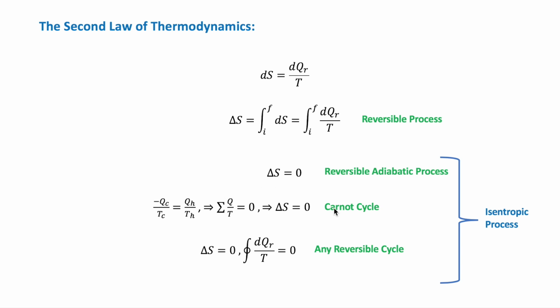Also, you can show for a Carnot cycle, since minus Qc over Tc is equal to Qh over Th, the sum of Q over T is equal to 0, which means that delta S is equal to 0. And also for any reversible cycle, since entropy is a state function, the change in entropy is 0. And in all these cases, whenever the change in entropy is 0, it is known as an isentropic process.